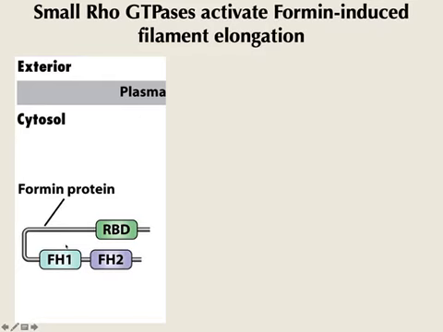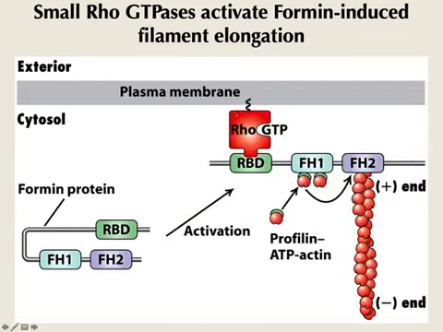So the whole story is when Rho is activated, downstream of signaling, downstream of GAFs, it can recruit formins, and by binding to the Rho binding domain, relieve this autoinhibition, which now allows the other formin domains to nucleate and promote actin filament elongation.